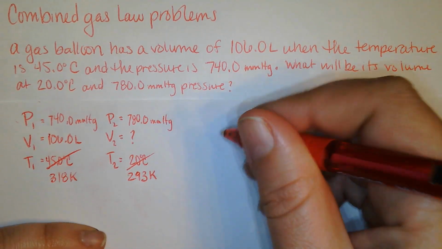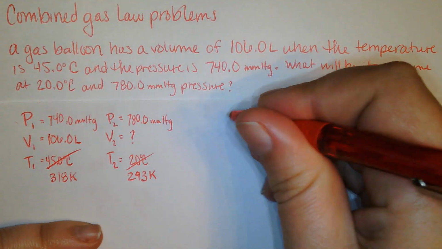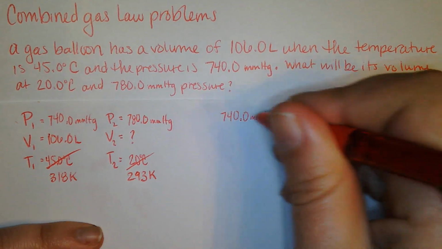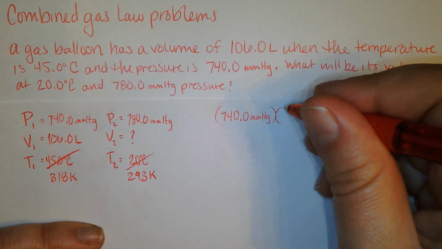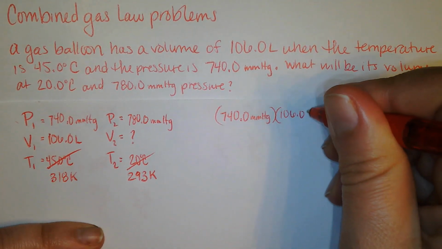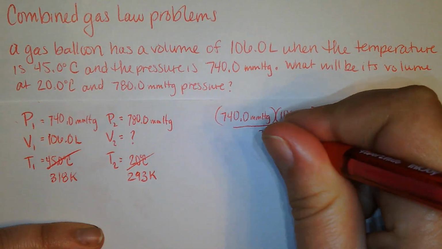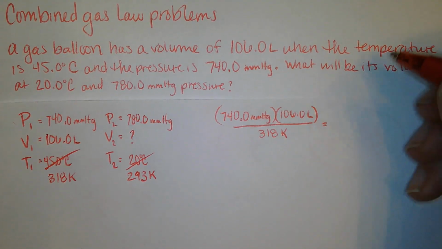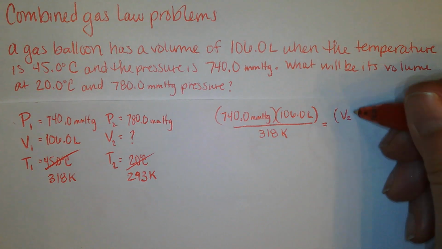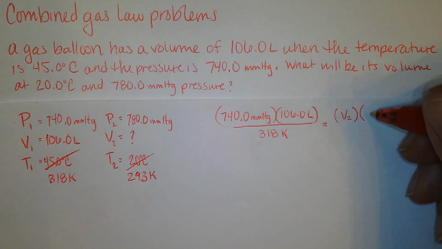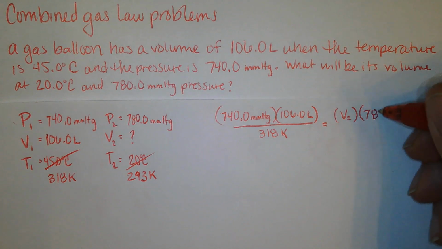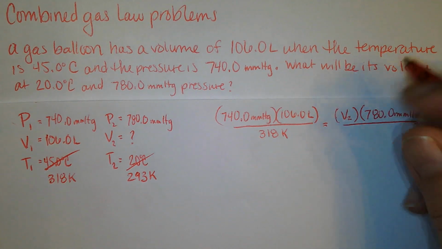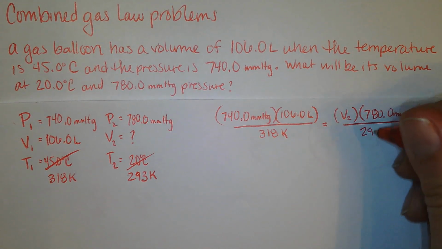So pressure times volume over T, and pressure times volume over T. So 740.0 mmHg times 106.0 liters divided by 318 Kelvin equals volume 2, our question mark, pressure 2, 780.0 mmHg divided by 293 Kelvin.